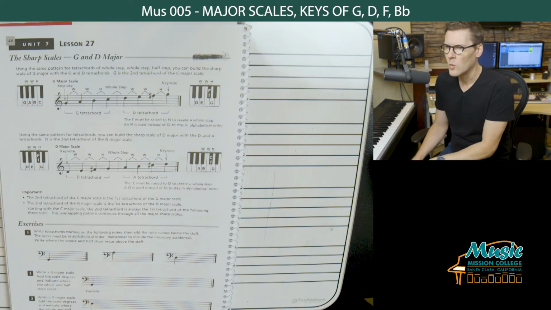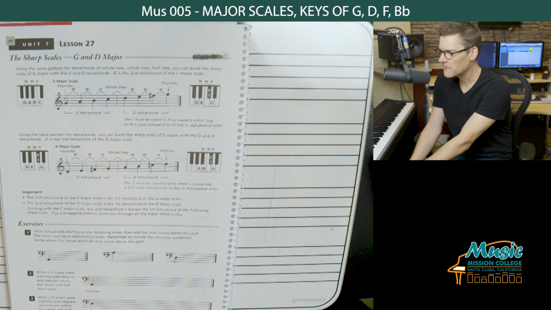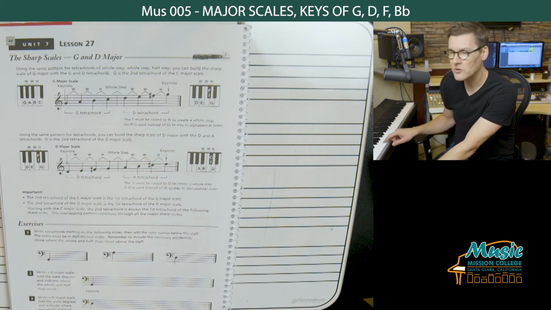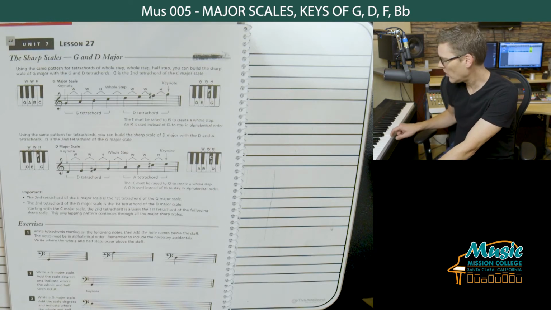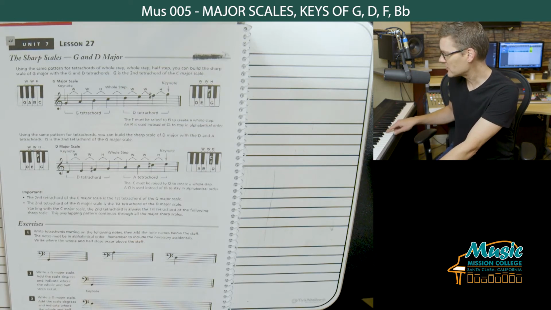So what they're referring to is the fact that if I start this process of whole steps and half steps on the note G, and I observe whole, whole, half, whole, whole, whole, half, you notice that I had to move from here to here.